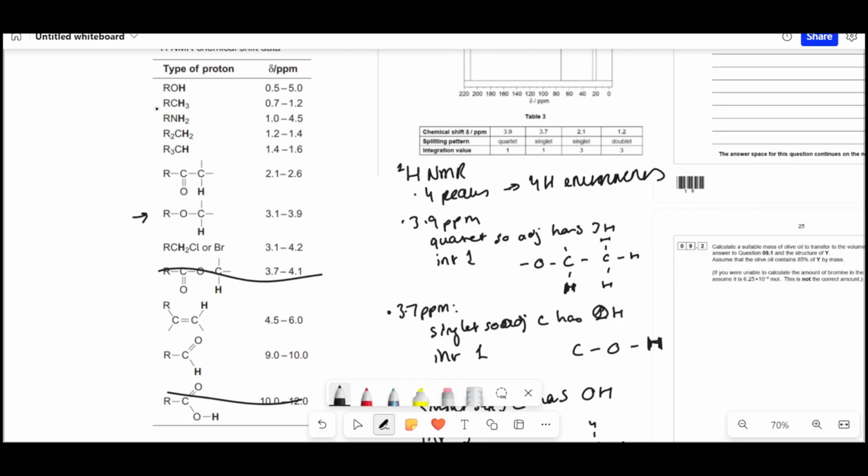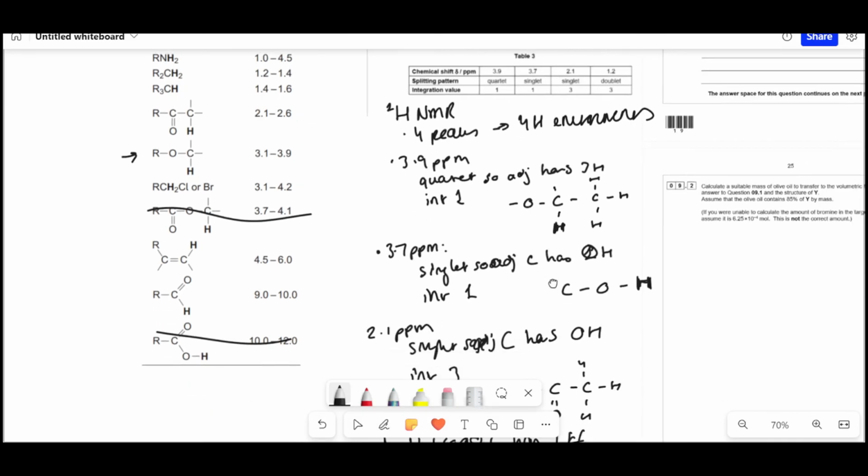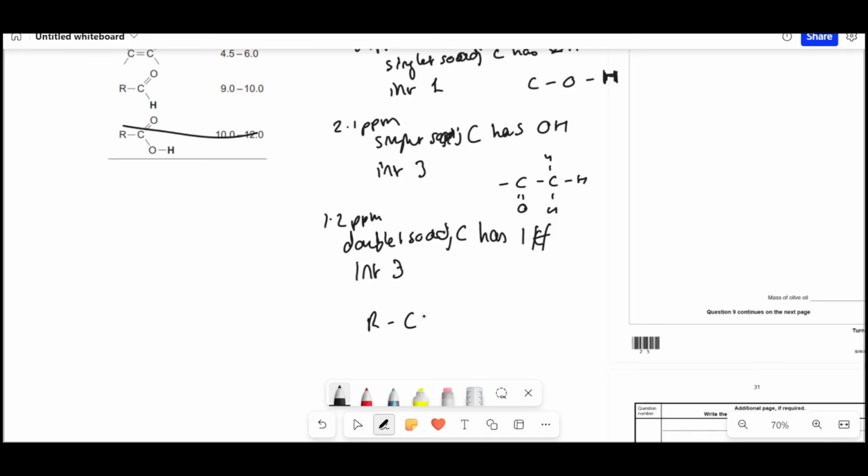Either that or that. And that's about it, to be honest. It's probably just a bunch of methyl groups going on here. So the 1.2 one is R, C, and then its integration of 3, so H, H, H. And it's told you that it is a doublet, so its adjacent carbon has 1 hydrogen. So that means that R group there is going to be a C and an H.